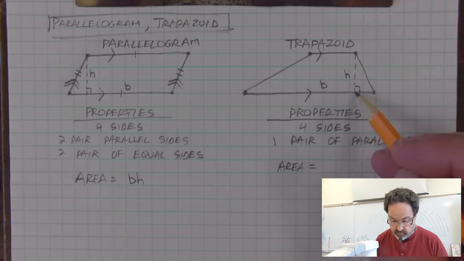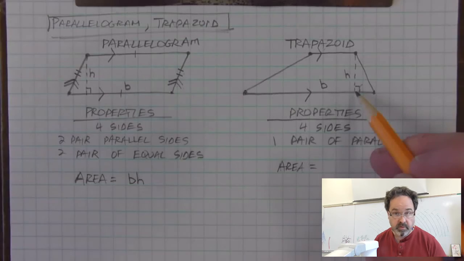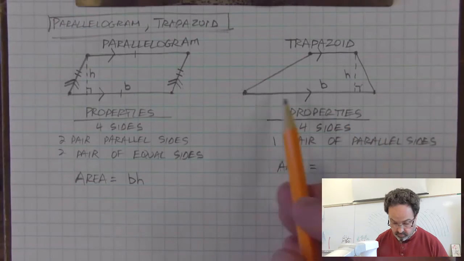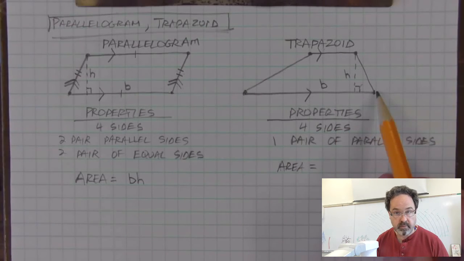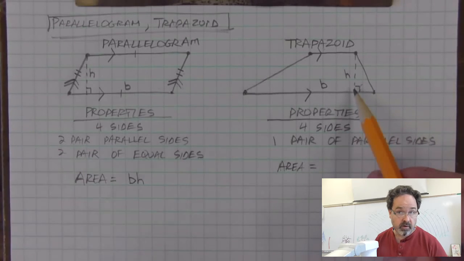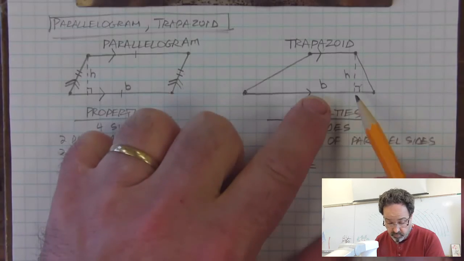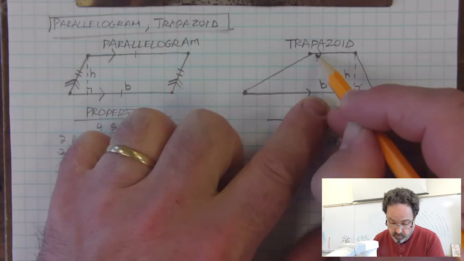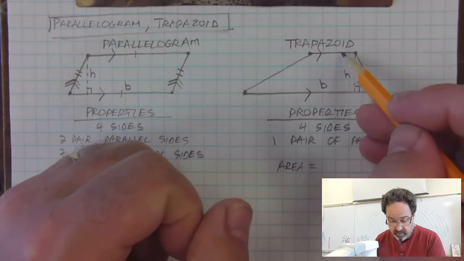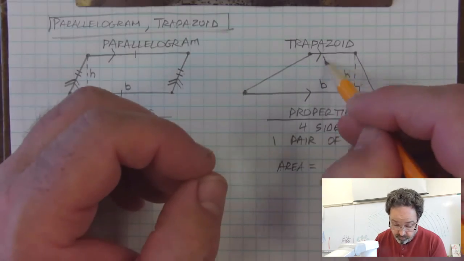The height of the trapezoid, just like the parallelogram, has to be found perpendicular, or meeting at a right angle, to its base. And we need that height to calculate the area of this trapezoid. But in a trapezoid, we also have to account for the other side that is parallel to the base that we've labeled as part of the formula.